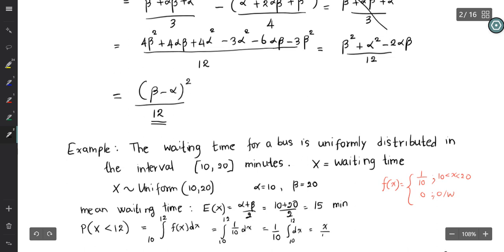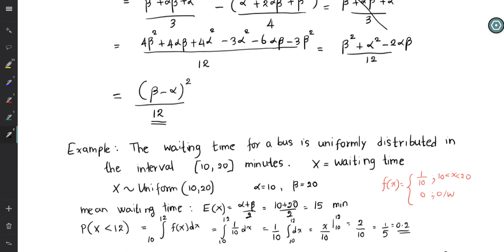So you have x over 10 evaluated from 10 to 12. 12 minus 10 is 2, so it is 2 over 10 or 1 over 5, which is actually 0.2. So the probability that the waiting time is less than 12 will be 0.2 or 20%.